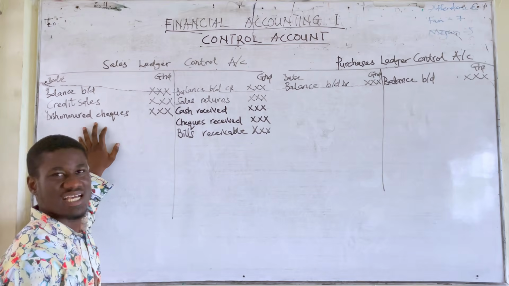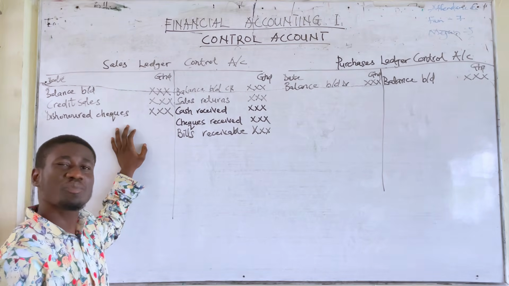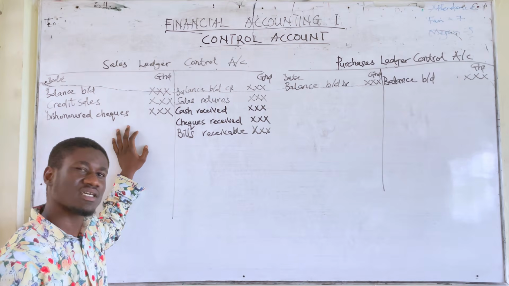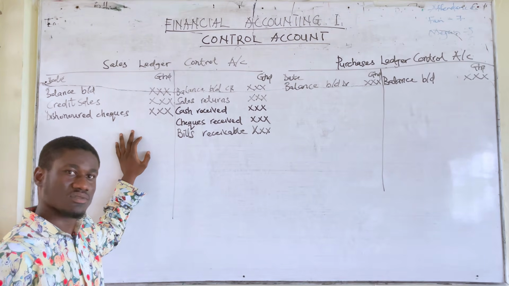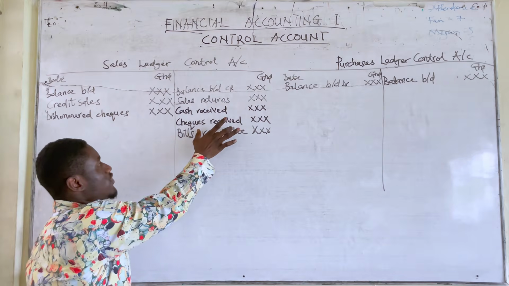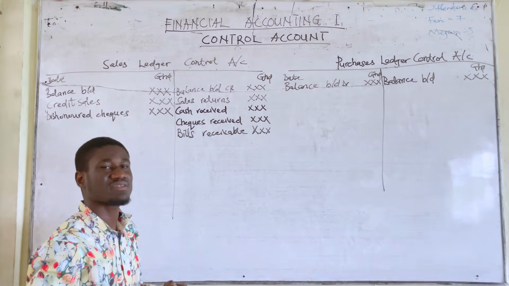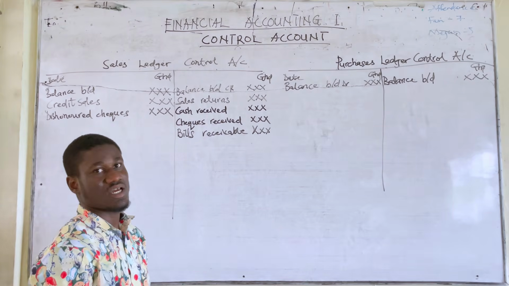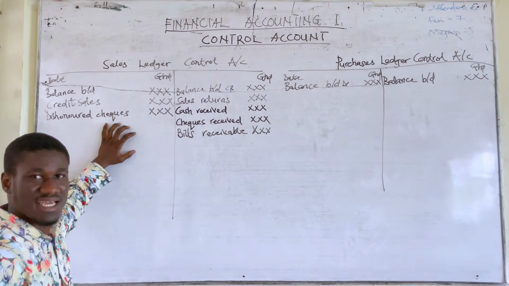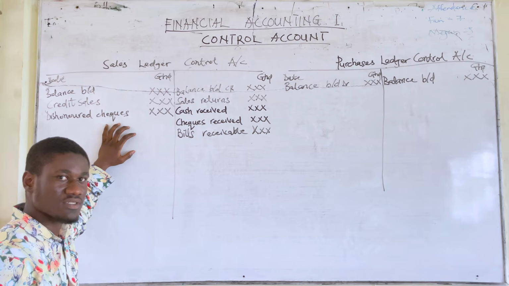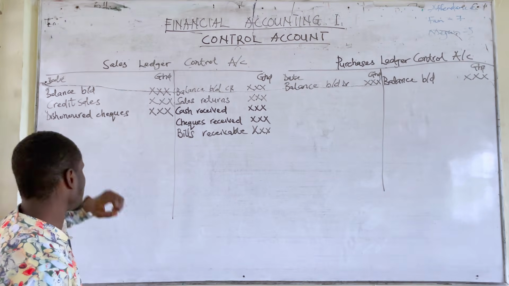Then your check has been dishonored. Have you been able to make your payment through the check? No. You are still going to owe us that amount. You get it? So first of all, you made your payment. You received it by check. Now the check, they dishonored the check. So now the payment by check has not been received. Do you get it? Good.